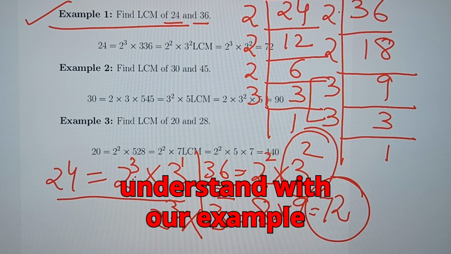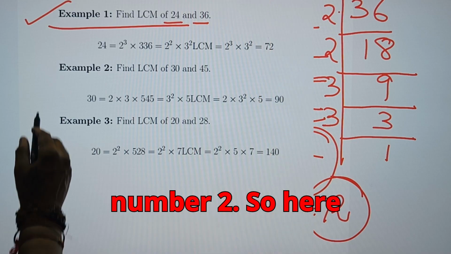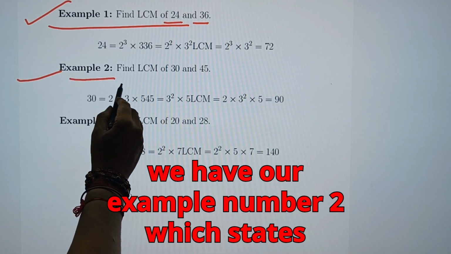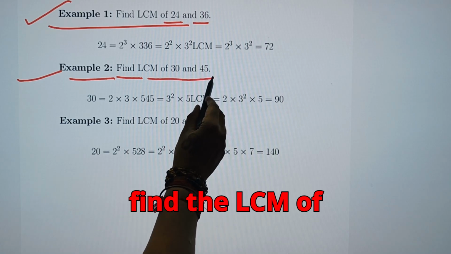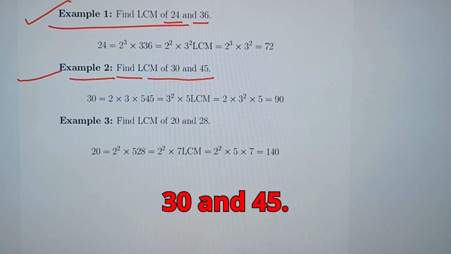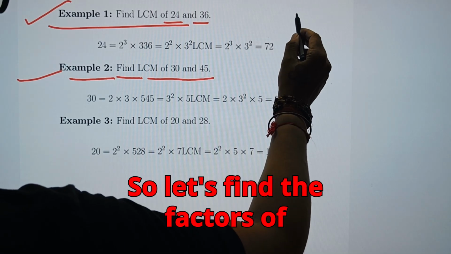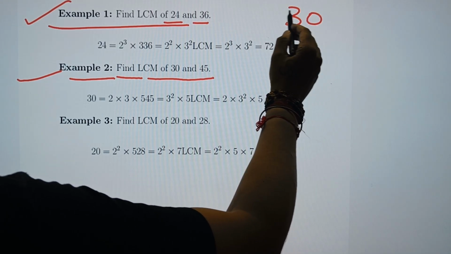Now let's understand with our example number 2, which states: find the LCM of 30 and 45. So let's find the factors of 30 first.